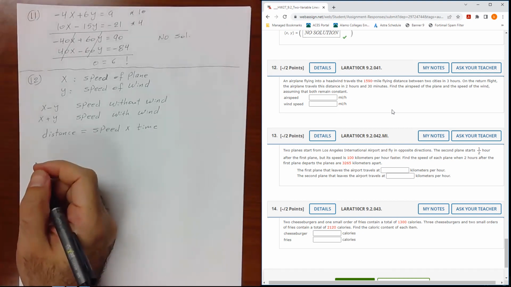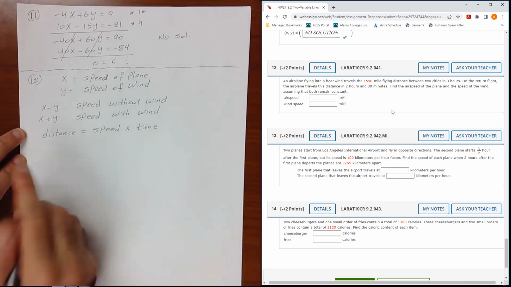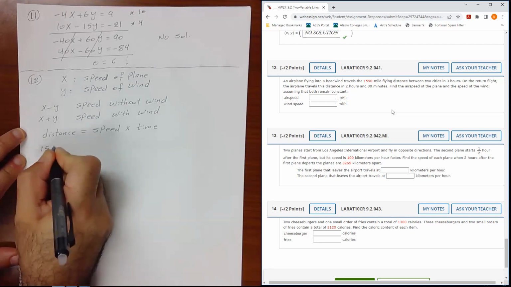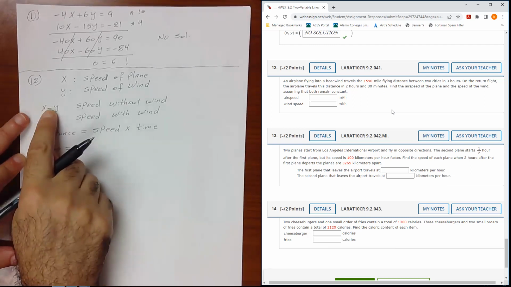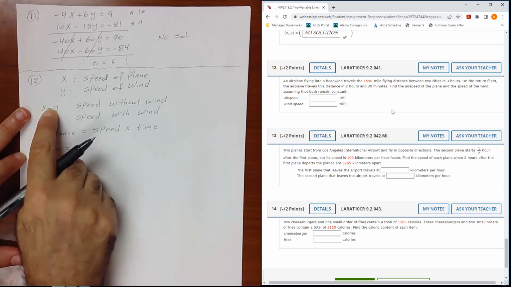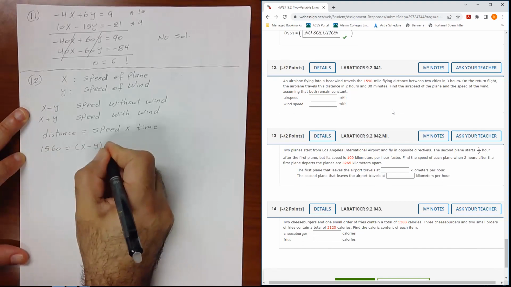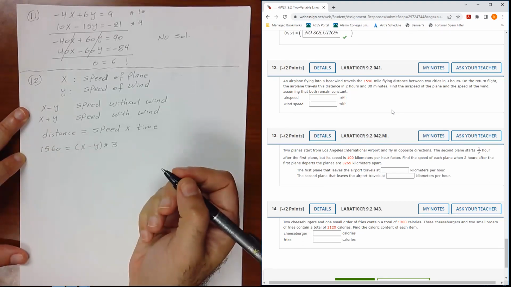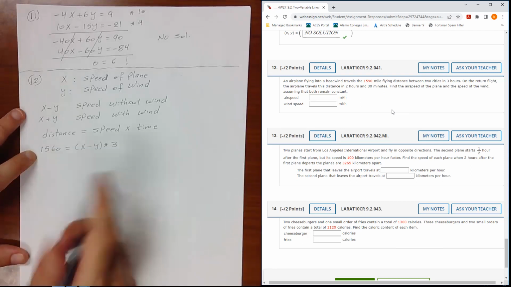So the distance is 1560, and it is going to be the speed for the first one, x minus y, times the time, which is 3 hours. So this is the first equation.